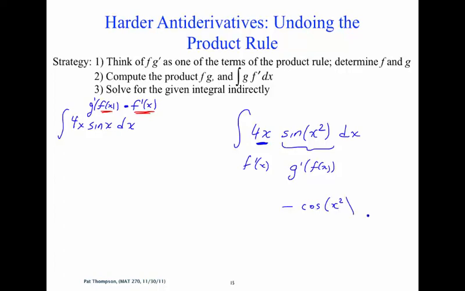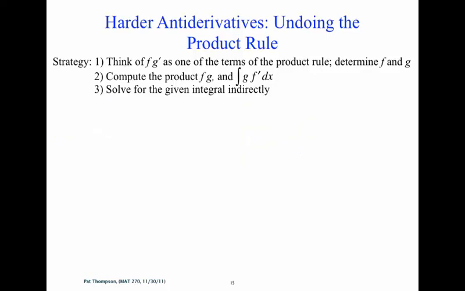Okay, so now in the example I gave you, it's not sine of x squared, it's just sine of x. And because that x is not the derivative of what's inside there, this wouldn't be undoing the chain rule. Okay, so we need to do something else.